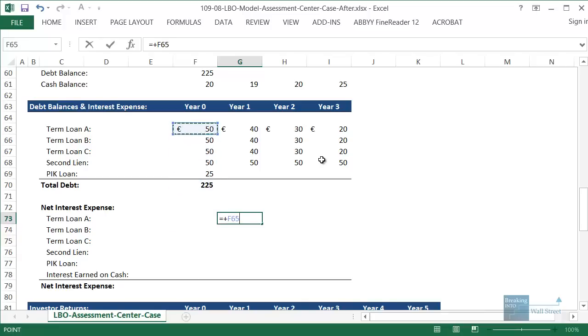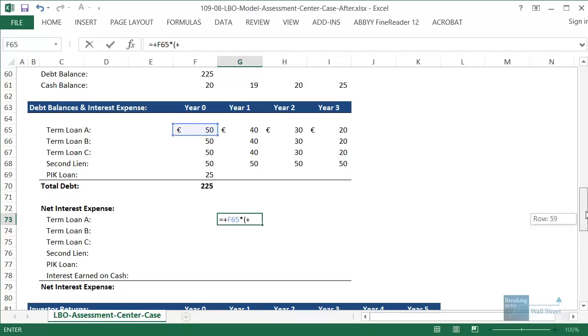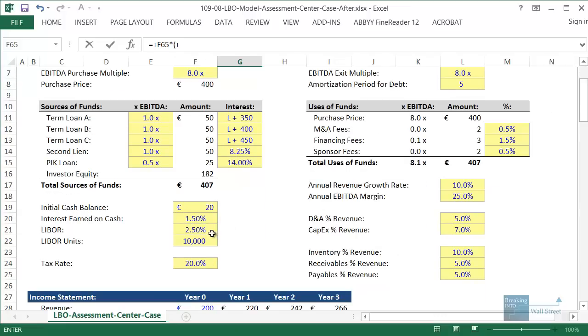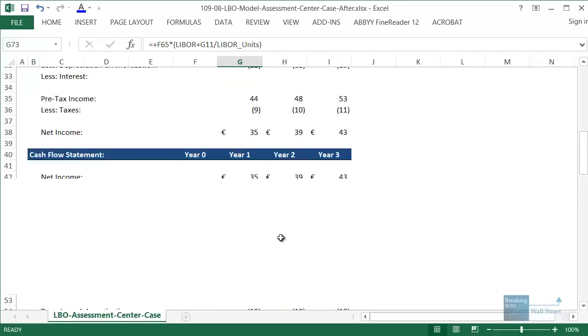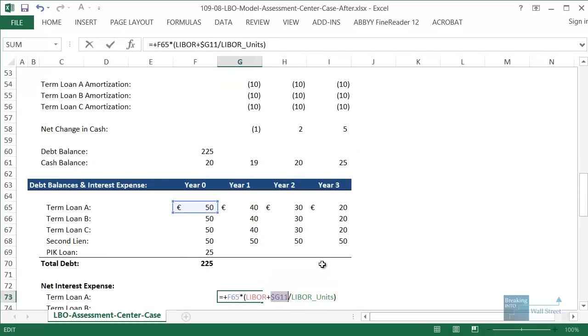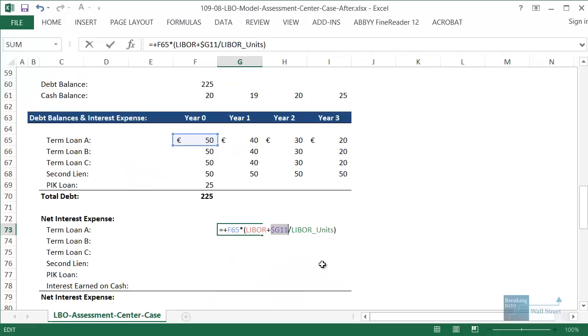So we'll take our term loan A balance, and then we'll go up, and term loans A through C are all tied to LIBOR. So we're going to take LIBOR and then our interest and divide by LIBOR units. And we'll also just anchor the G part of the G11 there.